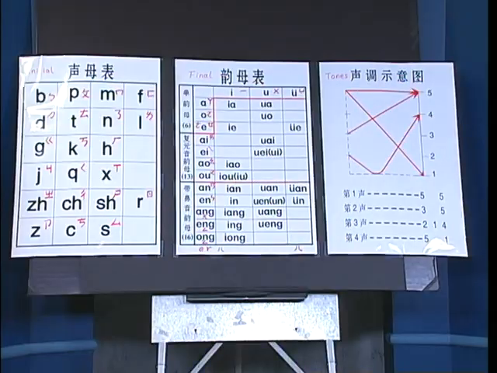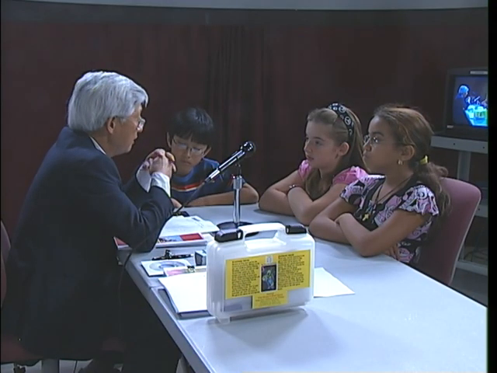The second page is a summary of all these charts in one. Basically, it is the bopomofo symbols, with the Chinese symbols and this English letter, okay? As I explained before, when the Chinese symbols were invented, some people found them difficult, particularly people in the Western world using English.